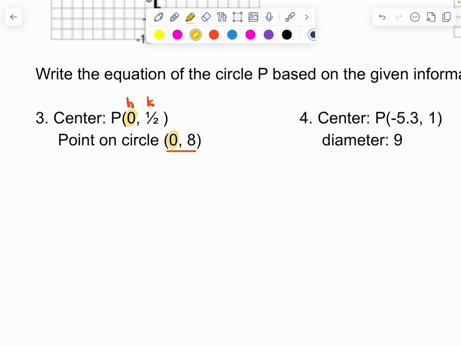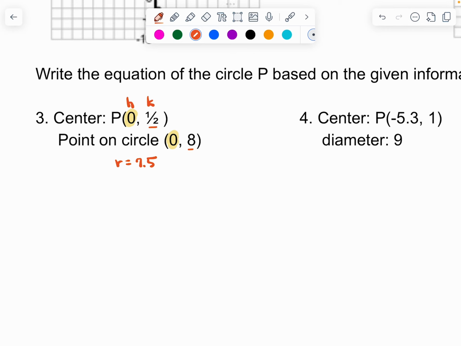Everybody's on the y-axis, and I'm starting at 1/2, and I'm going up to 8. So just by understanding that little factoid, that means our radius is 7.5, because I'm not moving left or right at all, so I don't have to worry about the horizontal. That's a radius of 7.5 from the center, okay?